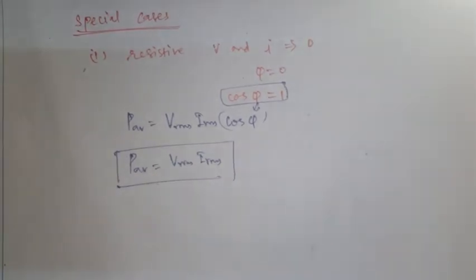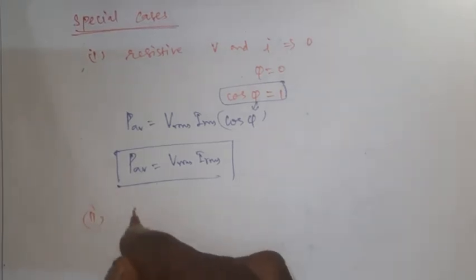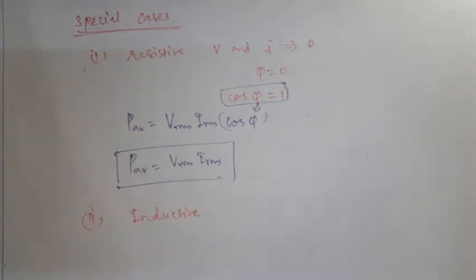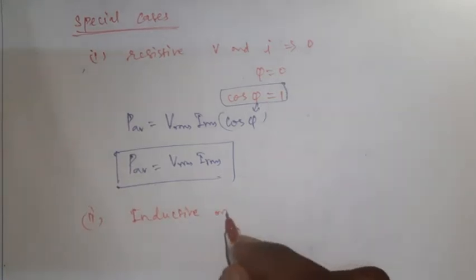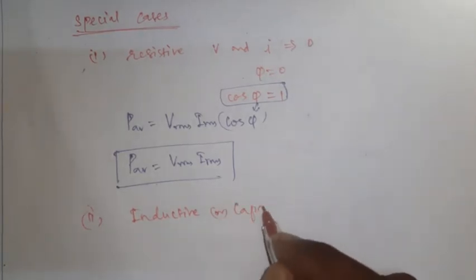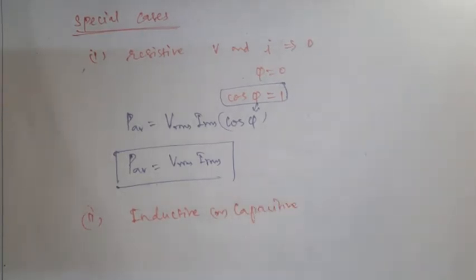Case 2, for purely inductive or purely capacitive circuits, voltage and current have a phase difference of plus or minus pi by 2. So this phi is nothing but plus or minus pi by 2.